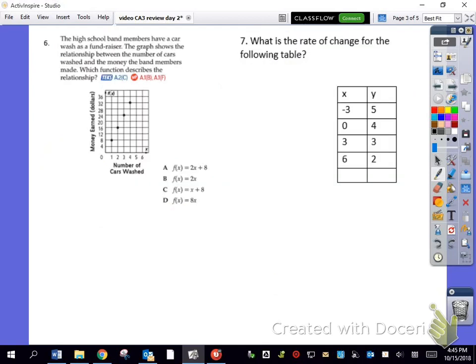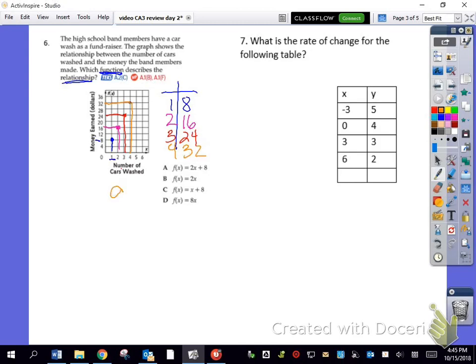Number 6. Which function describes this relationship? I have these ordered pairs in a T-chart, and it's helpful to look at the ordered pairs first. 1 goes with 8, 2 goes with 16, 3 goes with 24, and one more point is given to me, which is 4, 32.